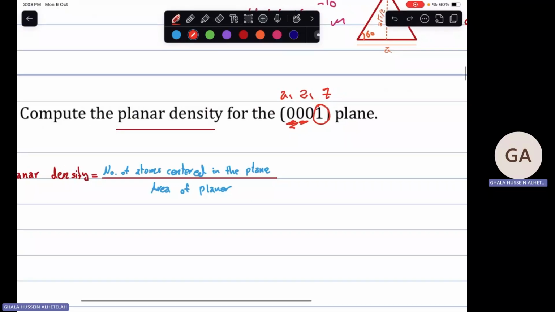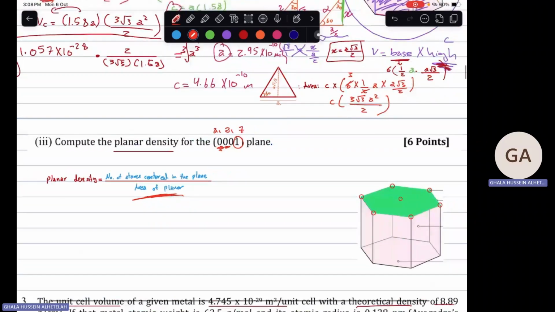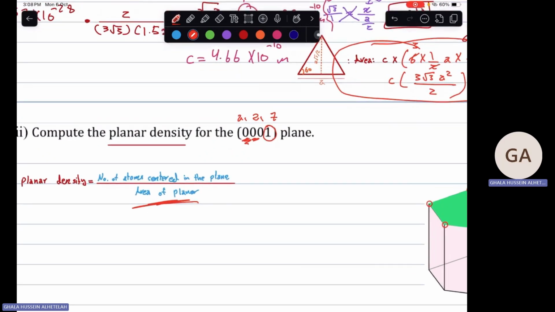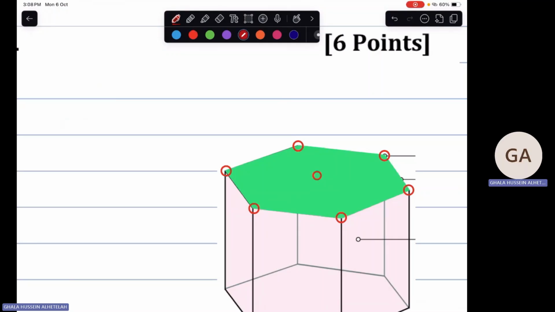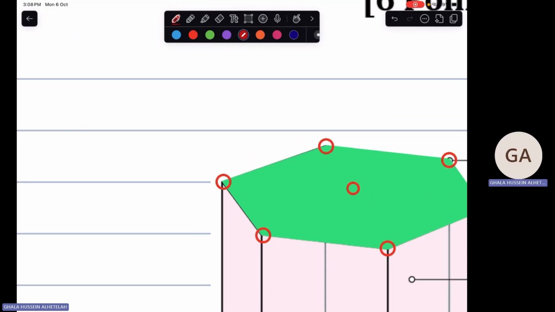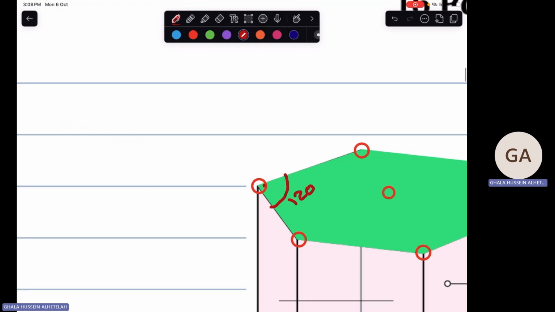Okay, the area of the plane we just calculated in the previous question. And also the number of atoms, we can calculate it. There are so many questions in the group asking how we can count the atoms in the plane. Basically, by knowing this angle, which is 120, you can know the amount of the angle that we have in this corner.